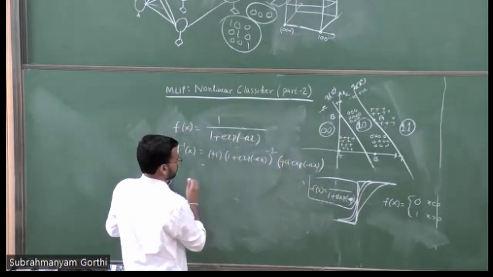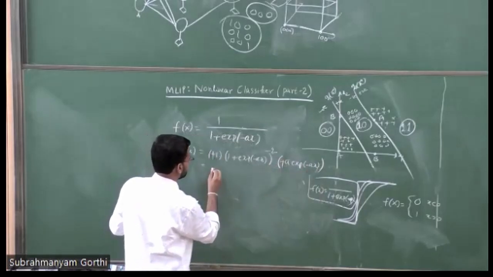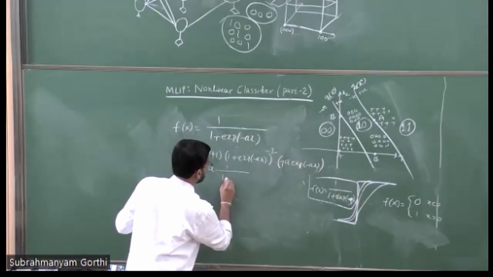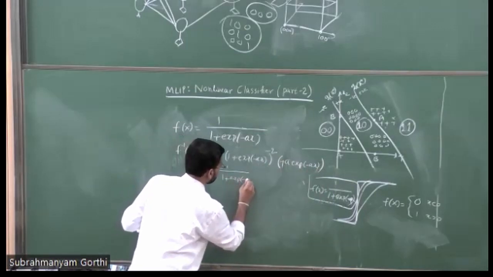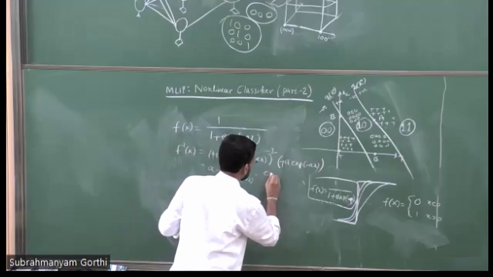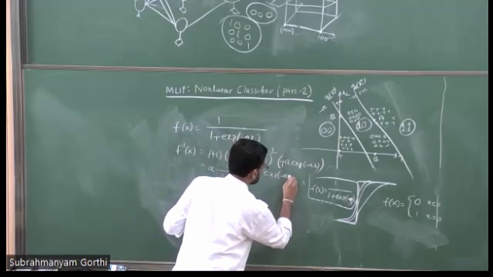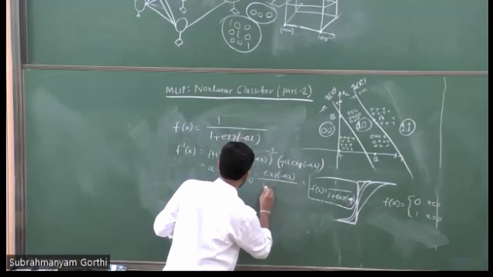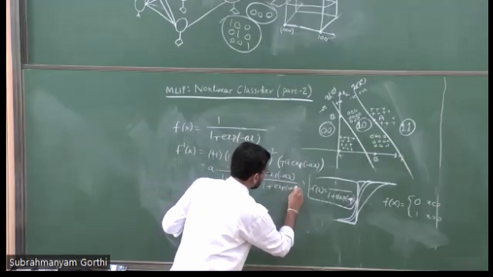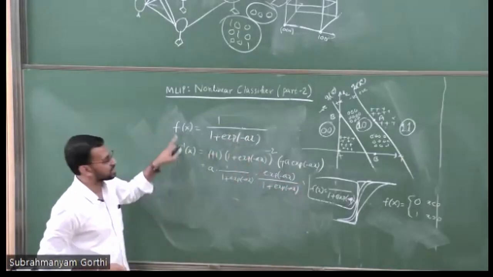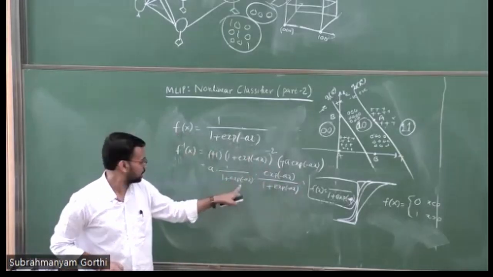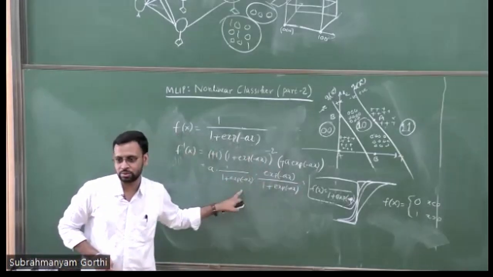So I could write it as a times 1 over 1 plus exponential of minus ax, into exponential of minus ax over 1 plus exponential of minus ax. See, finally, I want to express this also in terms of f of x. That's why I'm doing a small drama here, where I am separating these two different terms.